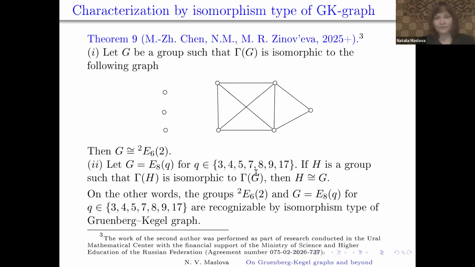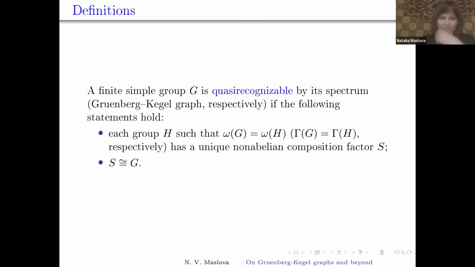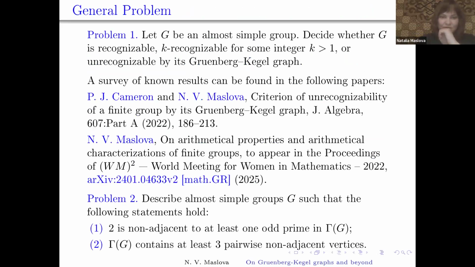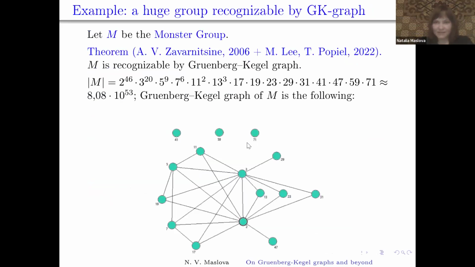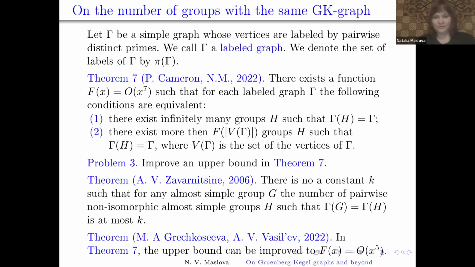I'm sorry, I will use my slides. If you take the monster group and even if you delete labelings and send to another galaxy the shape of the Gruenberg-Kegel graph, it will still uniquely determine the monster group. Very strong information about a finite group.